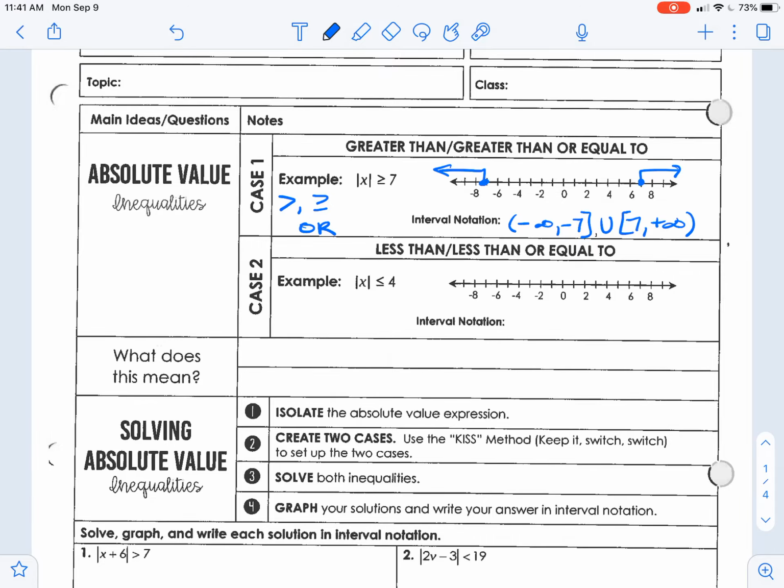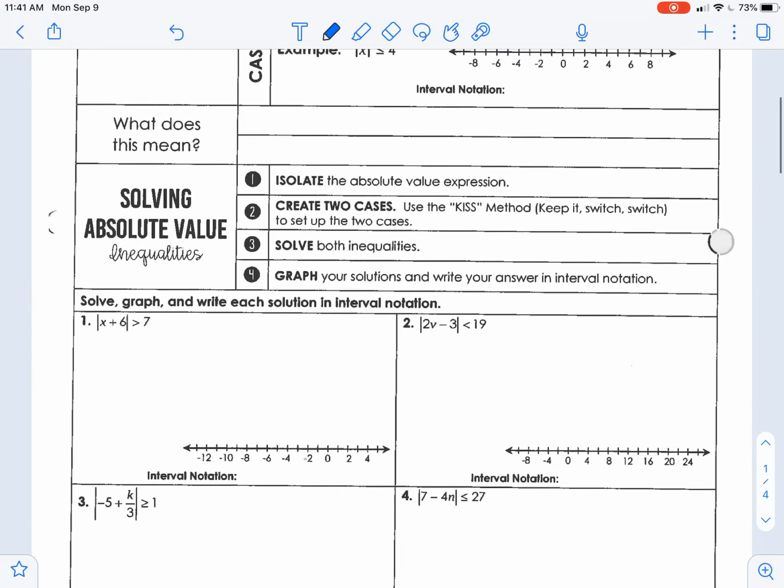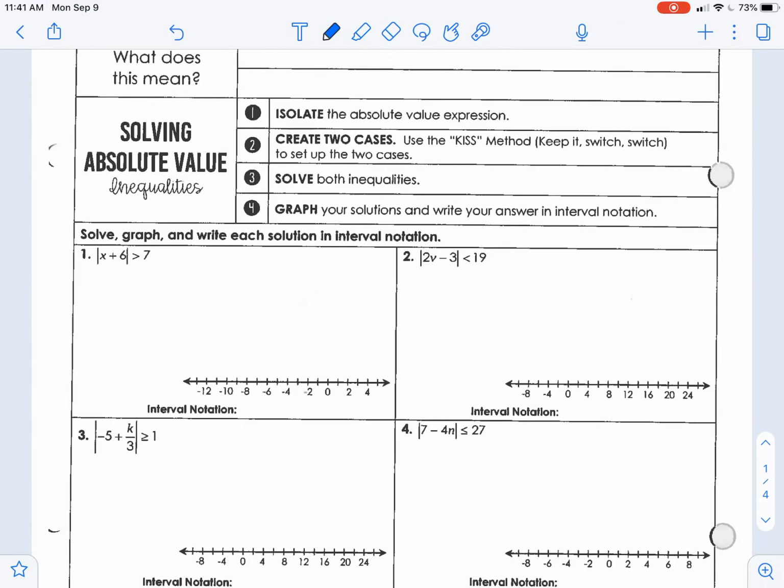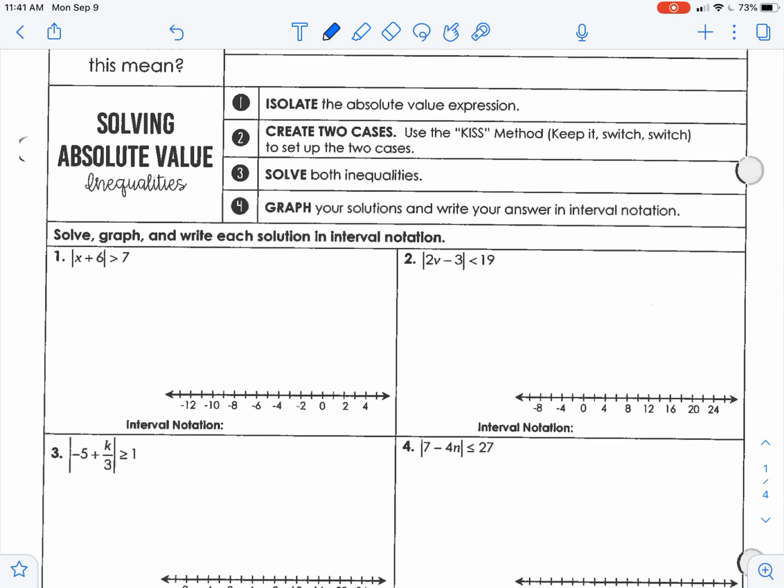So I'm going to go ahead and do an example. Let's slip down to number 1. Again, the first thing you're going to want to look at is the fact that this is a greater than, so I automatically know that this is an or problem. And so we're going to set up two answers.